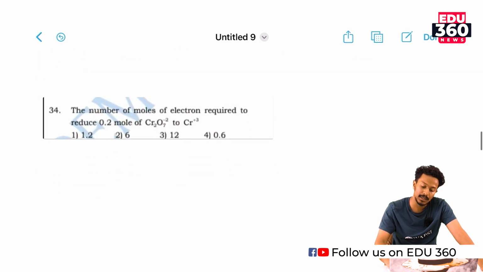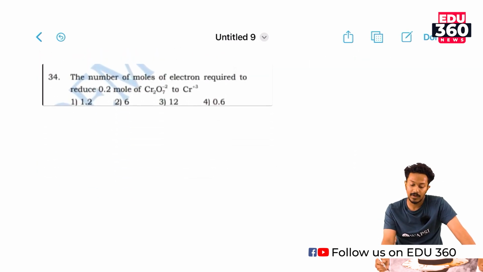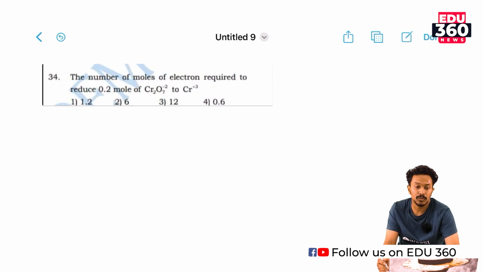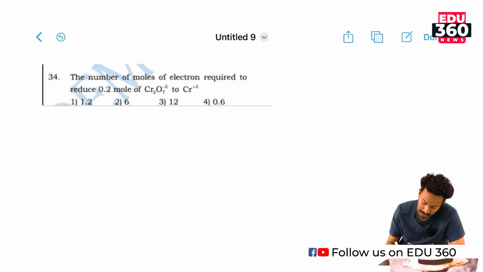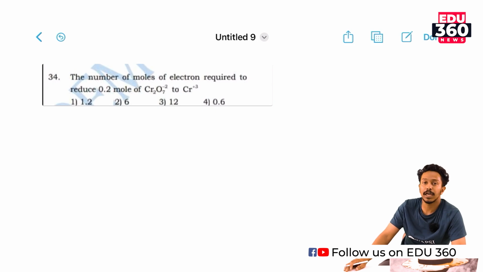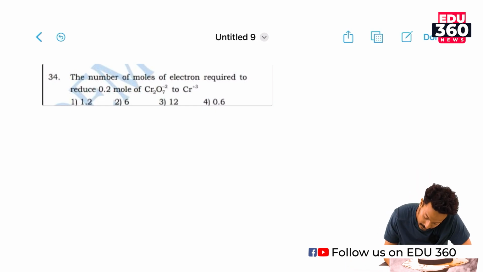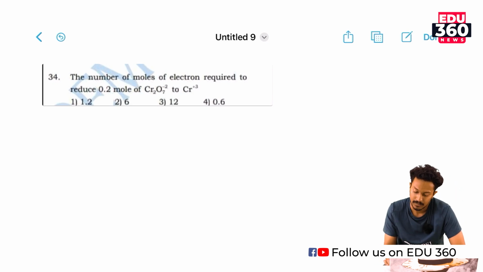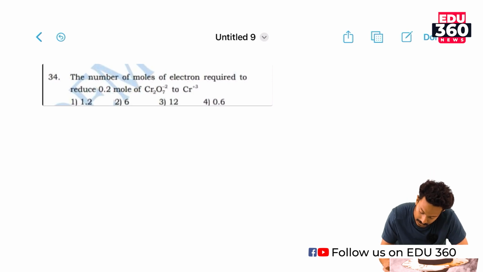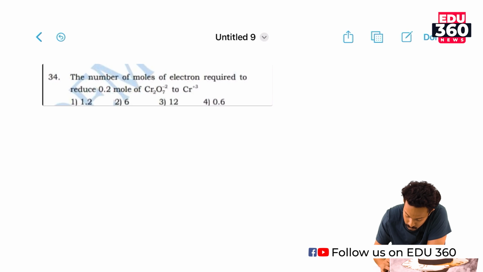Okay. Our next question. The number of moles of electrons required to reduce 0.2 mole of Cr2O7 2- to Cr3+. Okay. This is the reaction here. We have to convert Cr2O7 2- to Cr3+. We can write this equation as Cr2O7 2- plus 14H+ plus 6 electrons gives 2 Cr3+ and H2O.